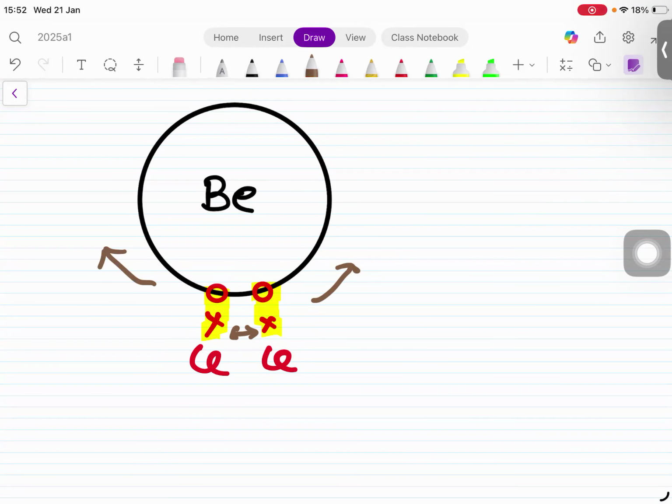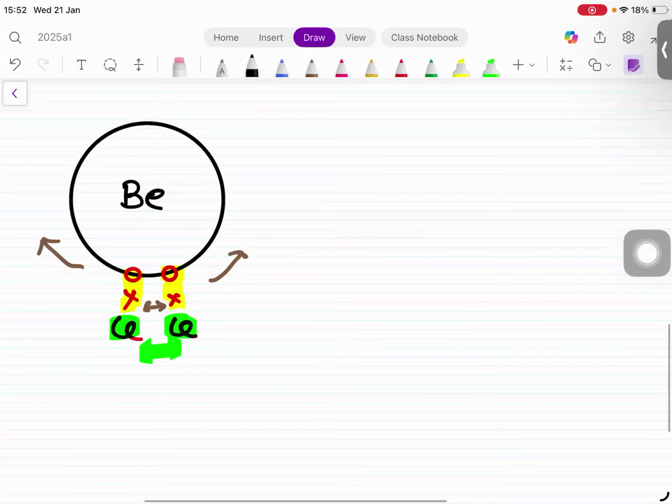And they adjust themselves to a position where they have minimum repulsion and maximum distance. So at which point do they have minimum repulsion and maximum distance? What do you think? Once they are repelling each other, where is the point? This will be the point, for example, here.